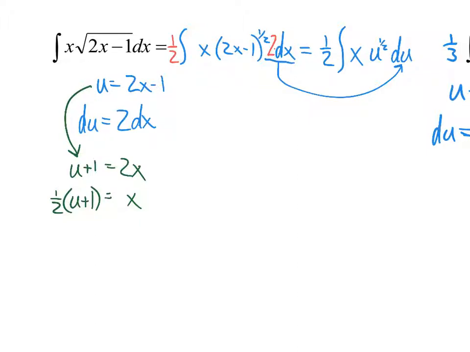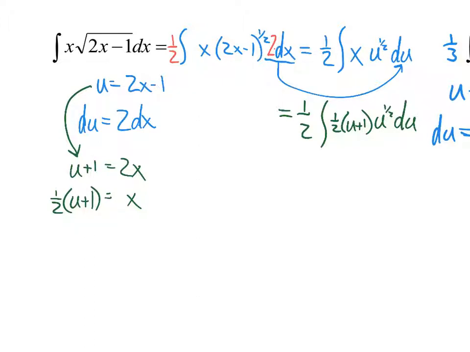So now I had something that we couldn't integrate yet, but now if I substitute that in for x, I have 1/2 times u plus 1 times u to the 1/2 du. And the reason why I left it 1/2 times is because I could pull that half out now.